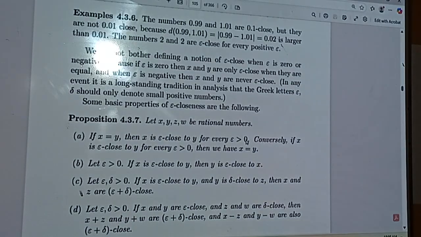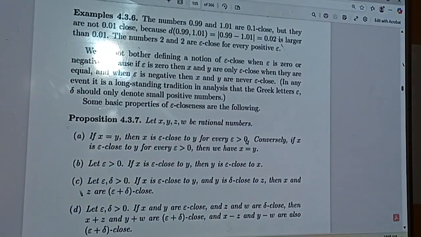Let epsilon, delta greater than 0 both. If x is epsilon close to y and y is delta close to z, then x and z are epsilon plus delta close. Again, nothing mathematical. First one says d(x,y) less than or equal to epsilon. Then the next one says d(y,z) less than or equal to delta.